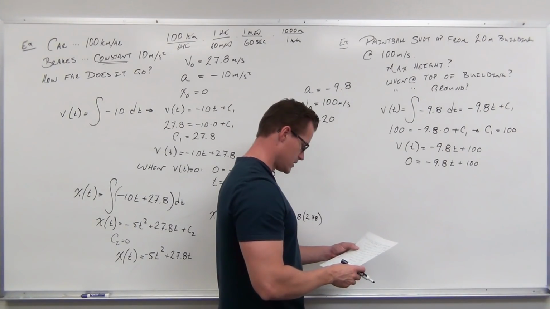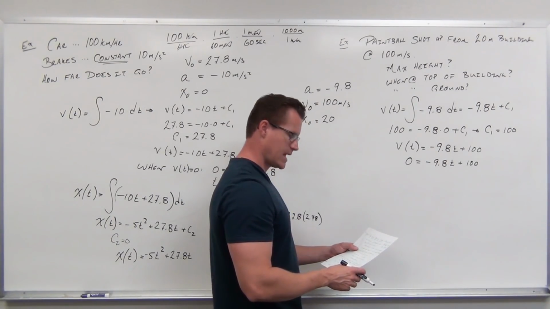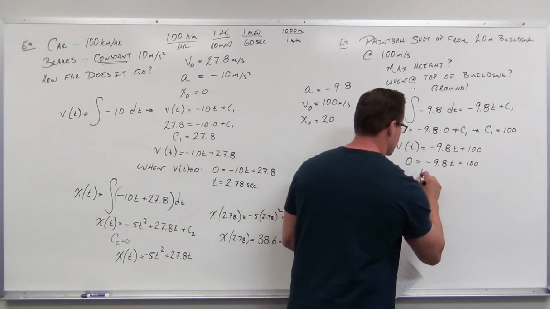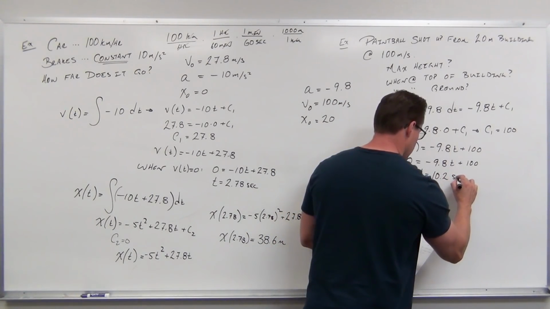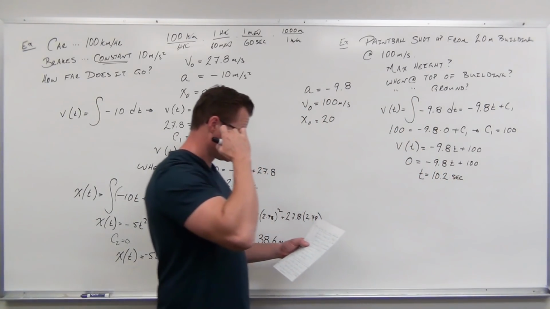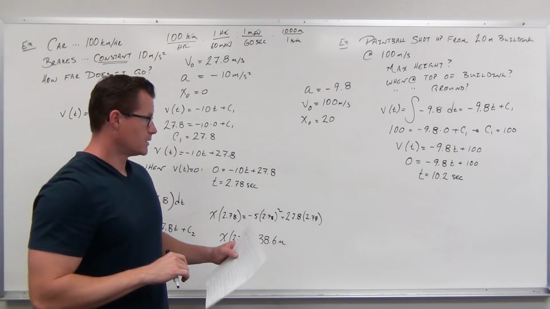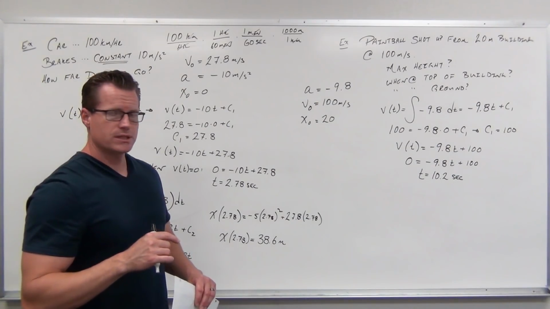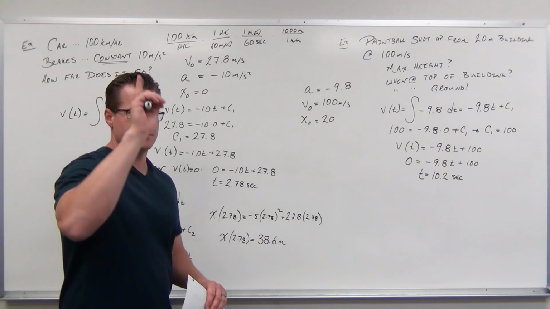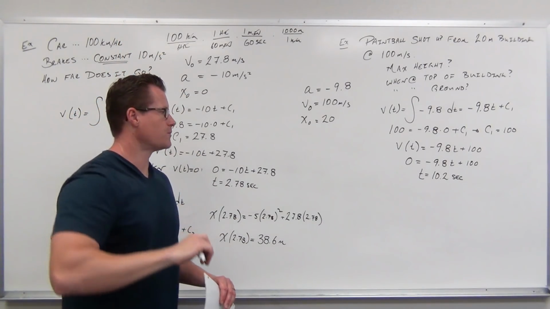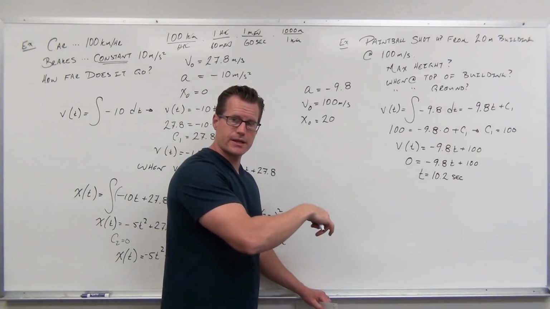Looks like we get about 10.2 seconds. So we know it's going to take 10.2 seconds for us to shoot this little paintball up and it achieve its max, its peak value. That's going to be important when we find out our position.